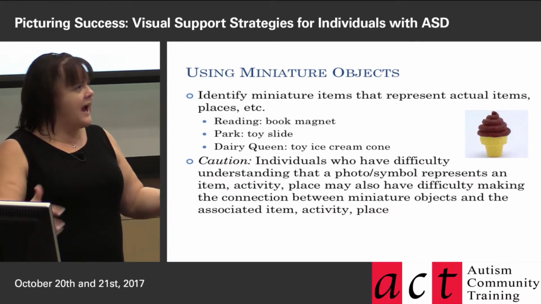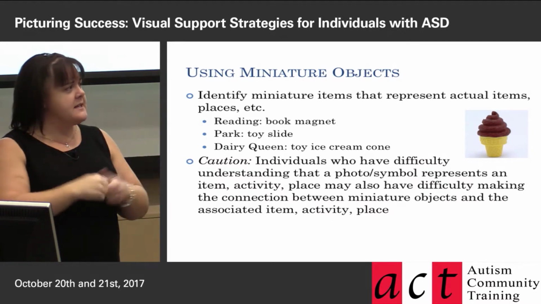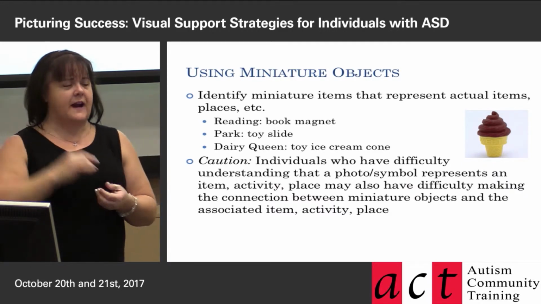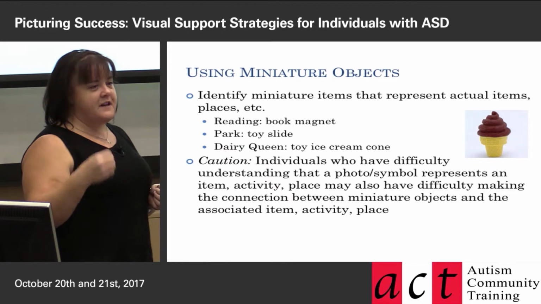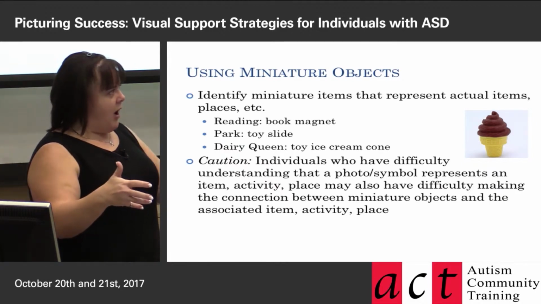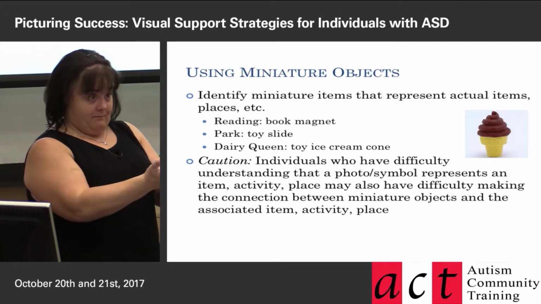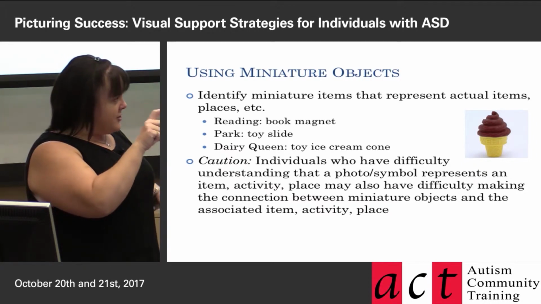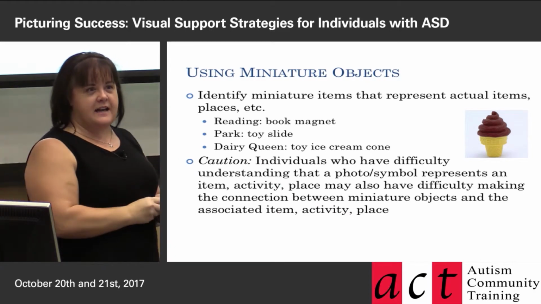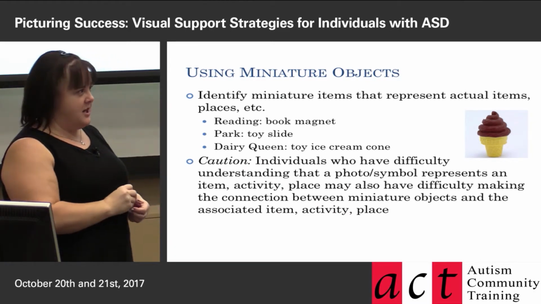We're fairly intact in terms of all of our abilities. We make that connection: oh, this little toy slide is the same as the slide at the park. But if you're an individual who can't demonstrate object-to-object matching, and I'm going to use a little toy slide to represent a big slide, how well do you think that individual is likely to make the connection?